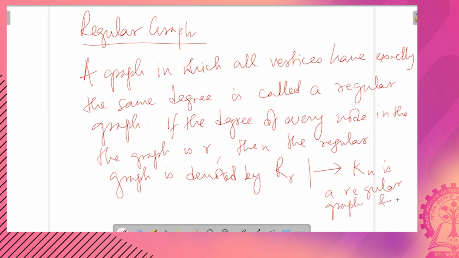And R in a regular graph like Kn is equal to n minus 1, because every node in a clique of size n, of order n, will have degree n minus 1.